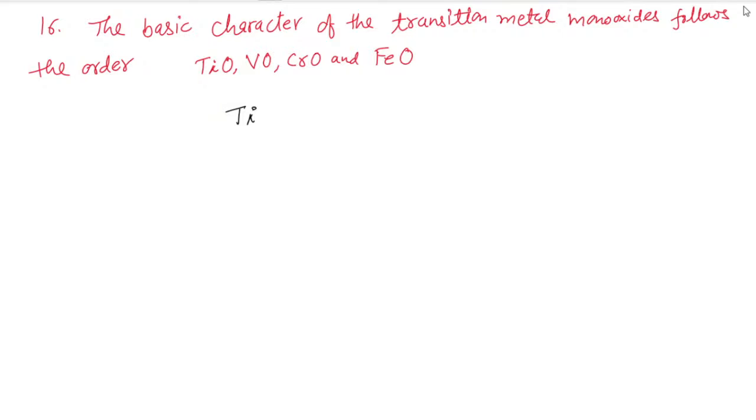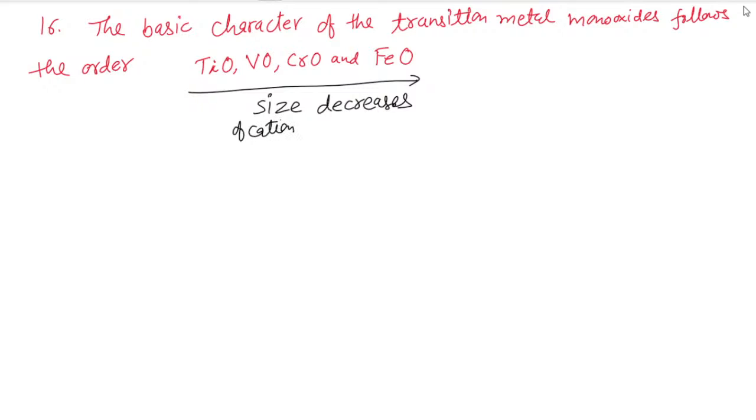As you know, as atomic number increases, as we go along the period, the size of the cation decreases, because all are 2 plus.